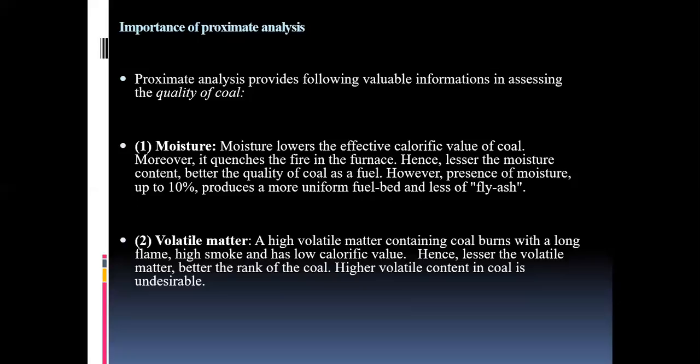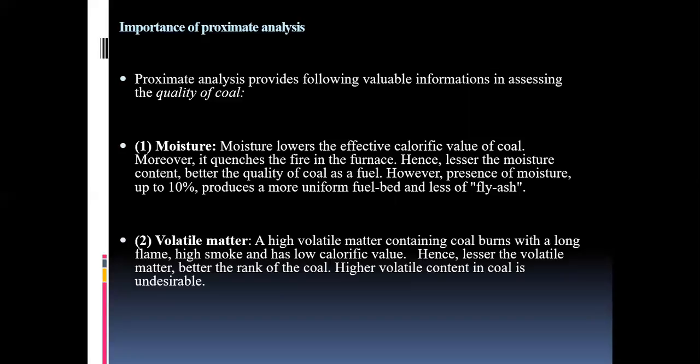The next comes the importance of the volatile matter. If we come to know the percentage of volatile matter present in the coal, then the useful information we get from that analysis is that high volatile matter containing coal burns with a low flame, so high smoke and has low calorific value.